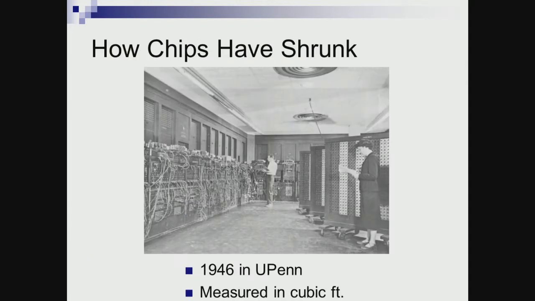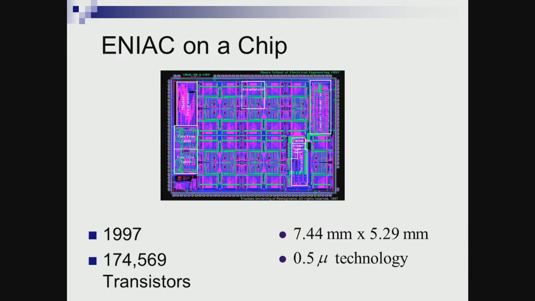It had several vacuum tubes and a lot of wires running, and the same ENIAC with the same functionality in 1997 was basically built using 174,569 transistors. The size of the chip was 7.44 millimeter by 5.29 millimeter, and it was using a 0.5 micron technology, 0.5 into 10 power minus 6 meter technology.